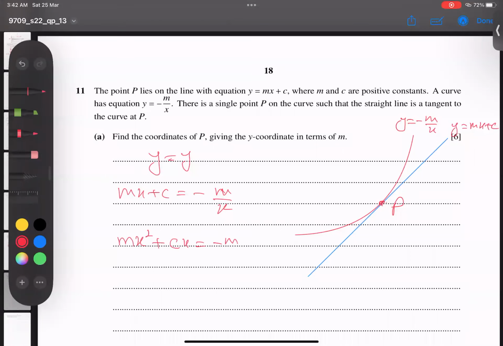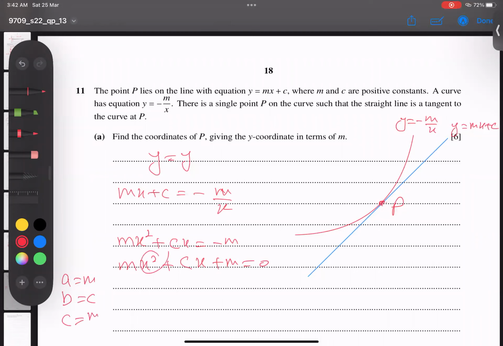And I'm writing finally mx squared plus cx plus m, sorry, first you write the x squared value, x value, and then you write the constant. What is a value? A value is m, b value is c, and c value is m.